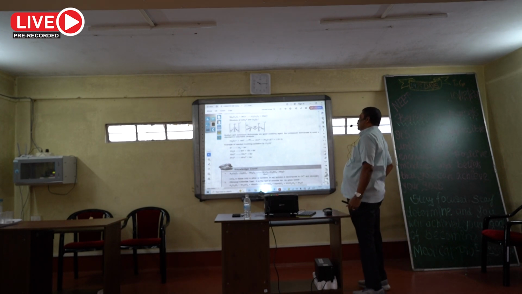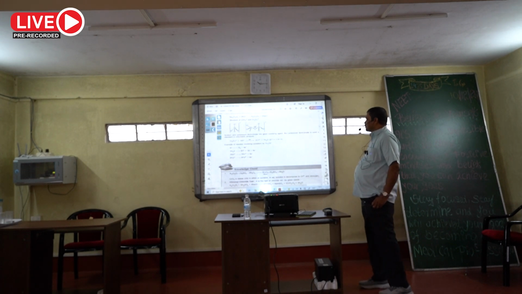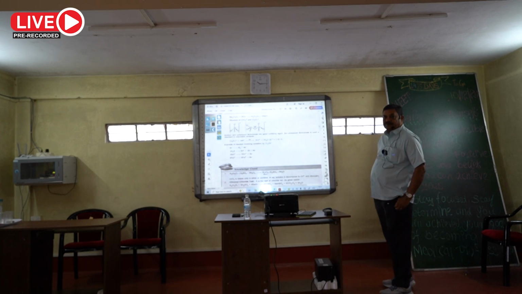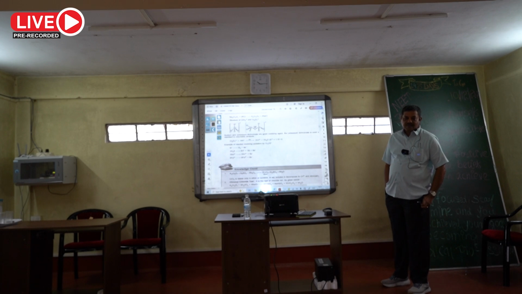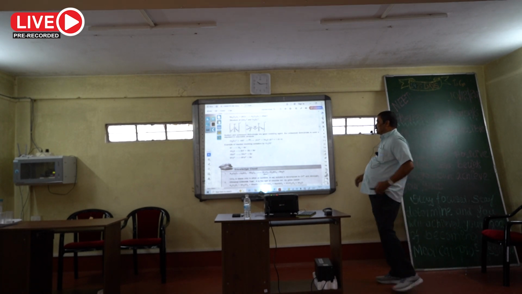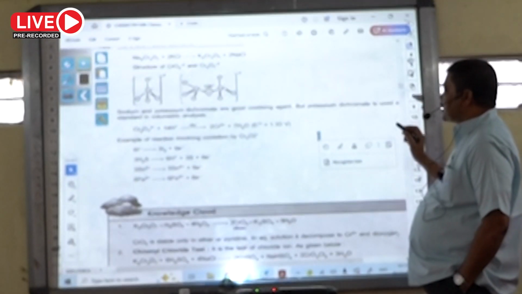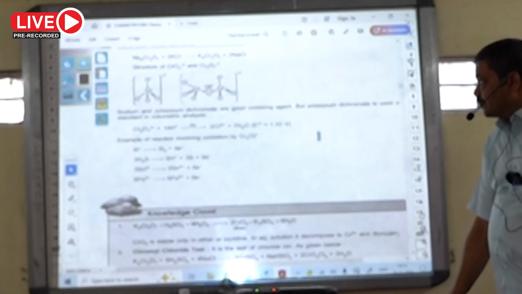Structure of CrO4 2 minus and Cr2O7 2 minus, you write. Both structures. But yesterday we have seen one question. What is the hybridization of manganese in MnO4 minus?